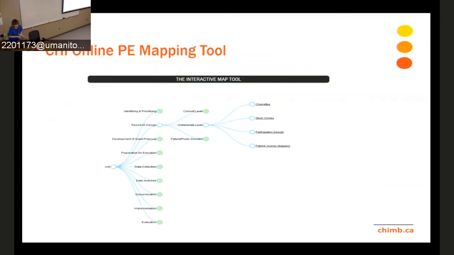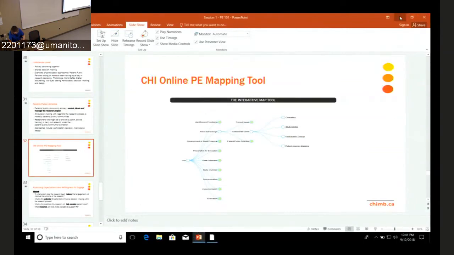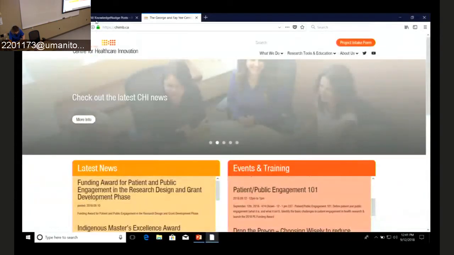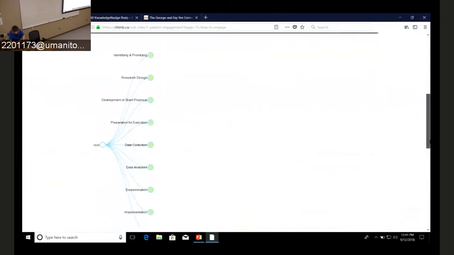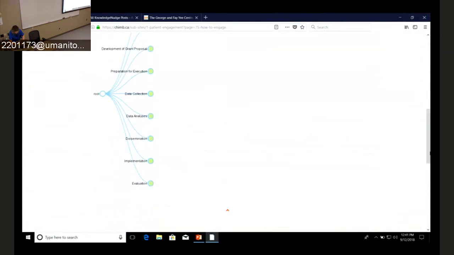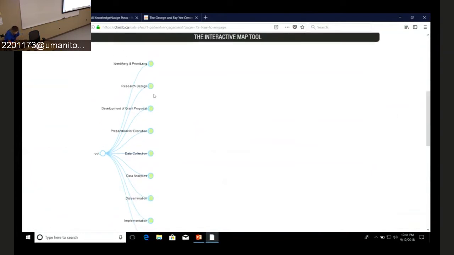Oh, I was just going to show you guys. So if you're ever thinking, I want to engage, and I'm thinking about this level, and I'm at this part of my research process, we do have a neat little tool on our CHI website, which is chimb.ca, and it's this little mapping. So we process mapped. And you can look at the phase or stage.